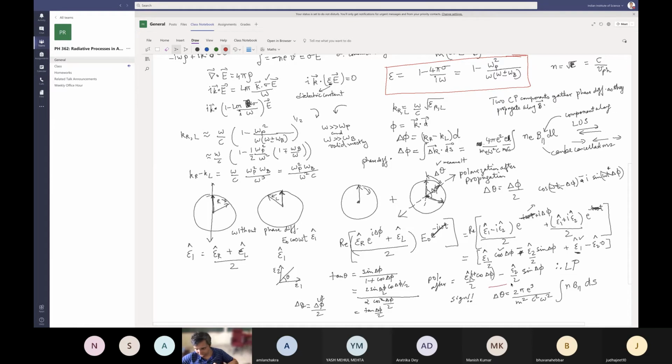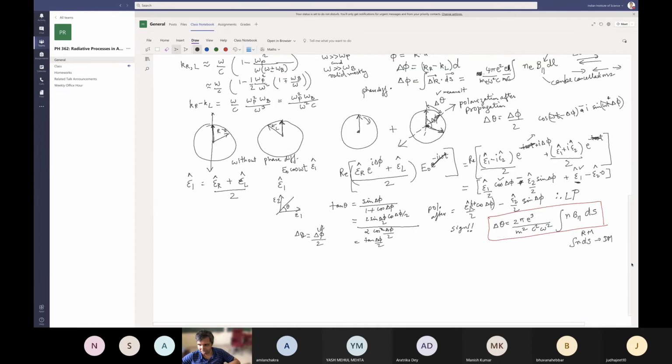So if you can measure delta theta, you know the frequency at which you are measuring these, these fundamental constants, so you can learn something about this n B parallel ds from rotation measure, and you already know dn ds from dispersion measure, so you can actually get a sense of magnetic fields along the line of sight from measuring this change in polarization angle.